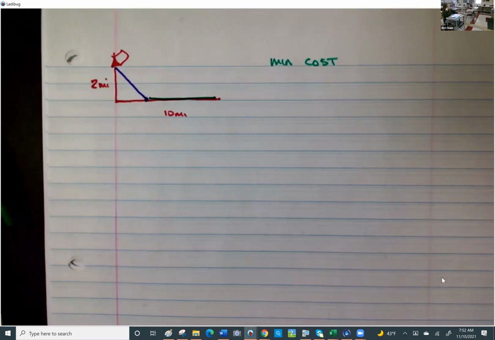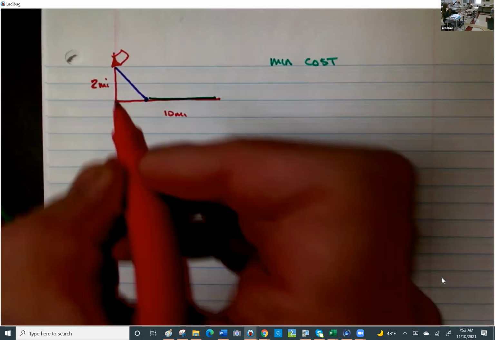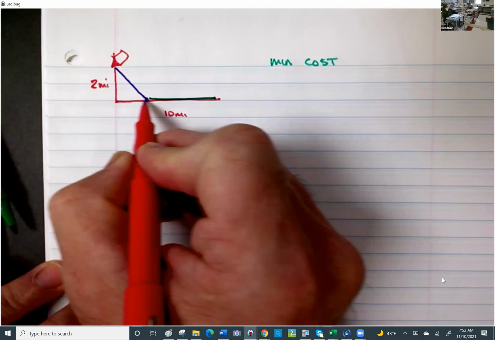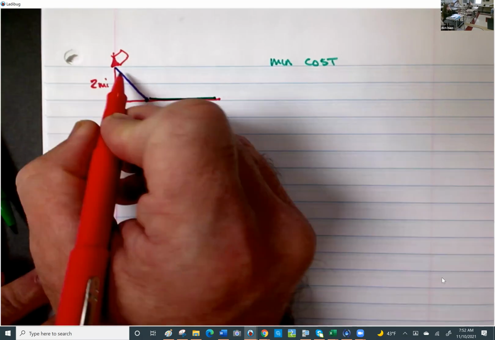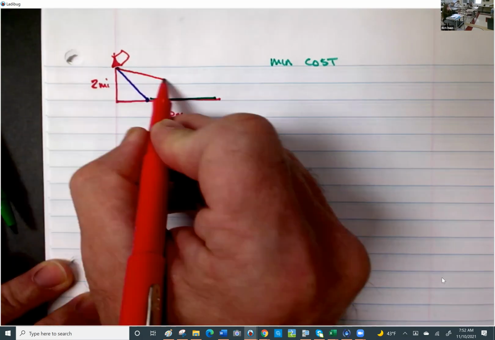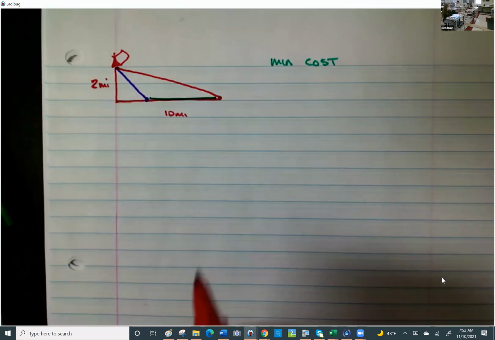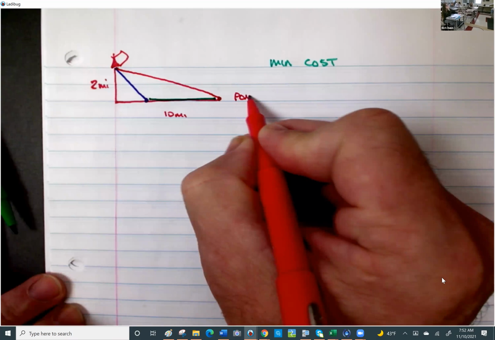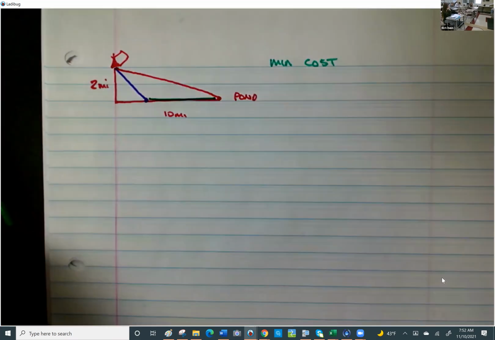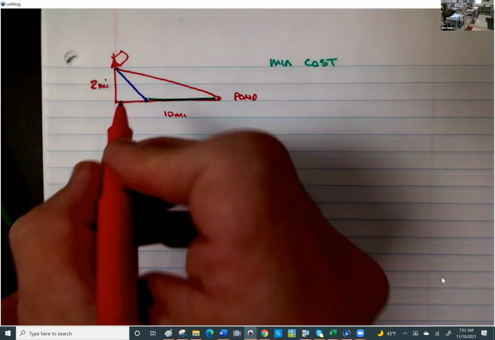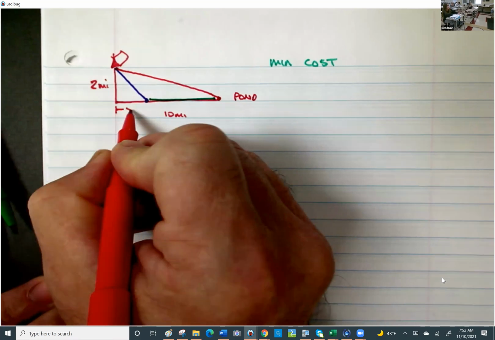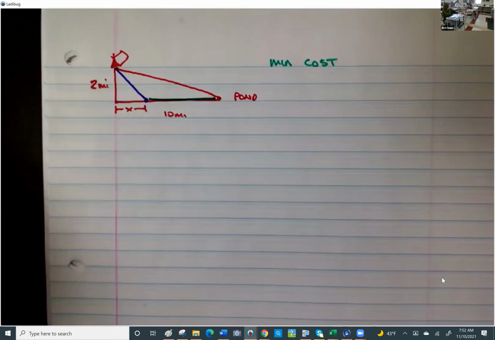Minimize our cost. Okay. Now, we could walk straight out of the forest and then the complete length of the road, or we could just ride, I guess ride is what it said, directly to the pond over here. Which means we could set it up to look something like this, because don't we have two distances here?